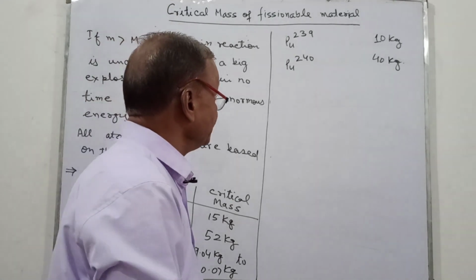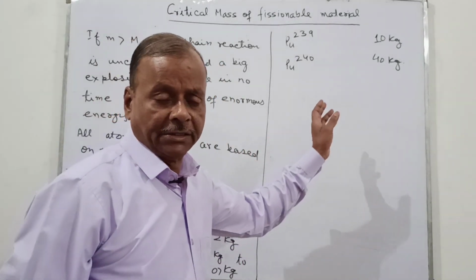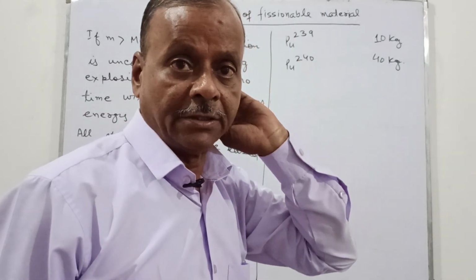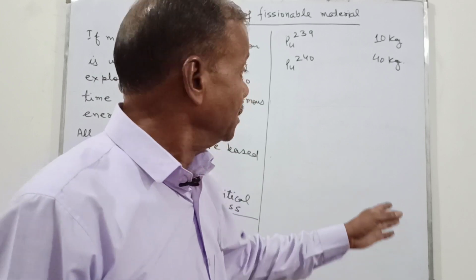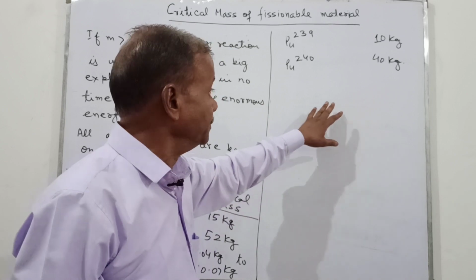So these are the critical masses of some of the fissionable materials. There are other fissionable materials also which have different masses. So this depends upon the atomic number and the atomic mass of the element.